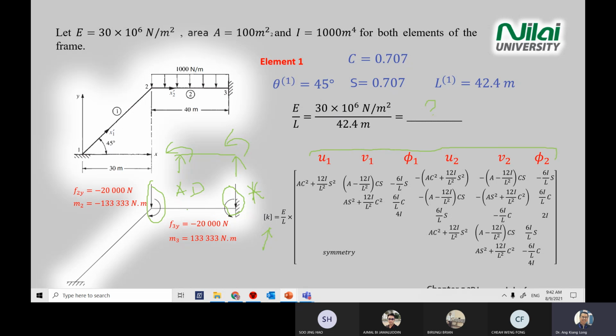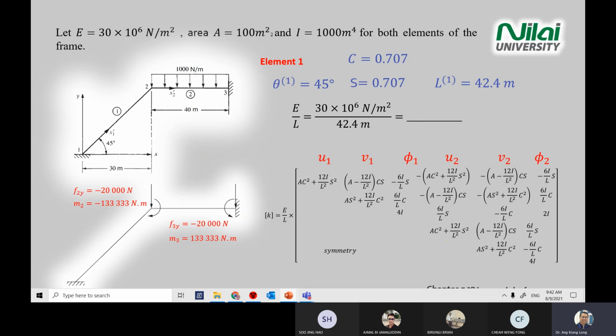So again, when you use for rigid plane frame, the K matrix, you have U1, V1, rotation 1 and U2, V2, rotation 2. This is one set for element 1. You repeat the same for element 2 by using the equivalent diagram.